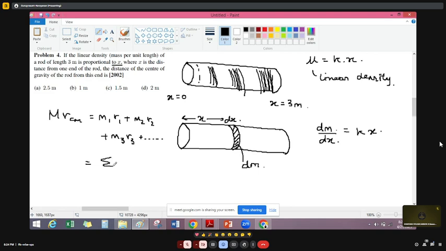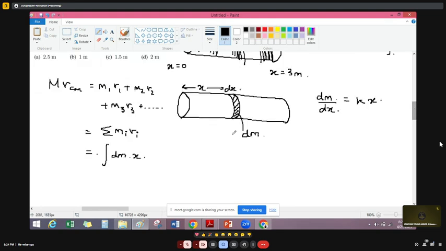So I can write this as sigma mi into ri, where i stands for an index. So I can rewrite this in integration. The same thing can be written as take a small mass dm and multiply by the x. And like that you have to do it for x is equal to 0 to x is equal to 3. So if I do it for each small element, I will get the total here. That is the meaning of sigma or integration.